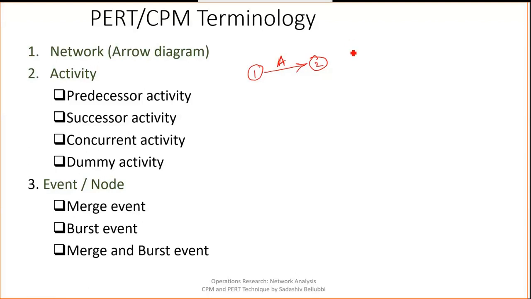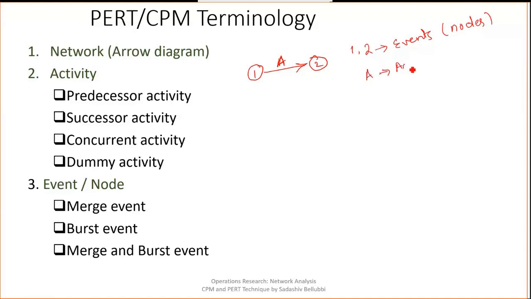Here 1 and 2 we can call either events or nodes, both names are the same. But A is the activity.